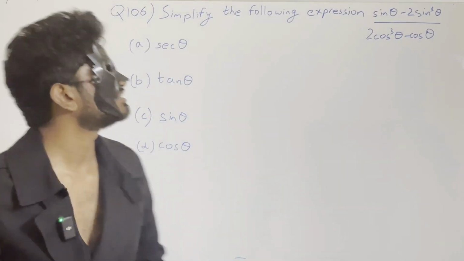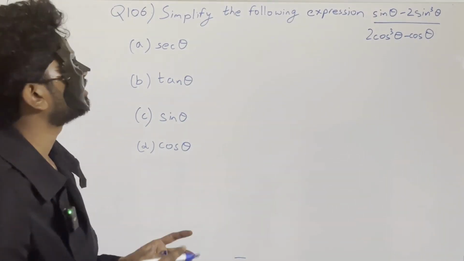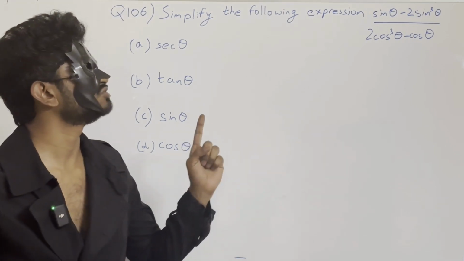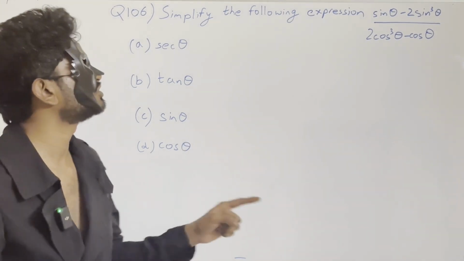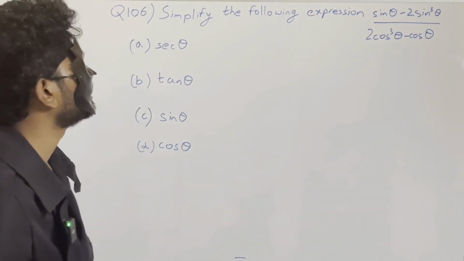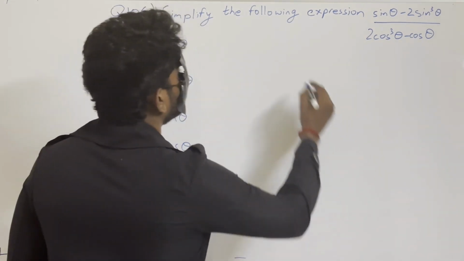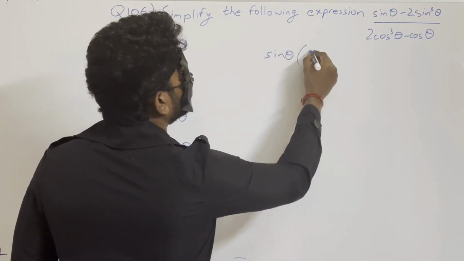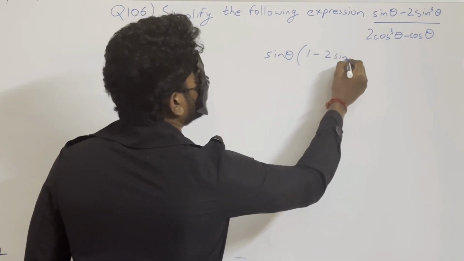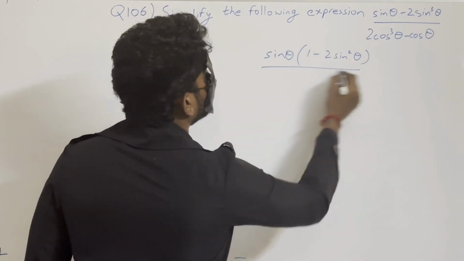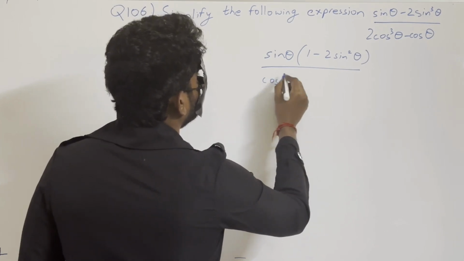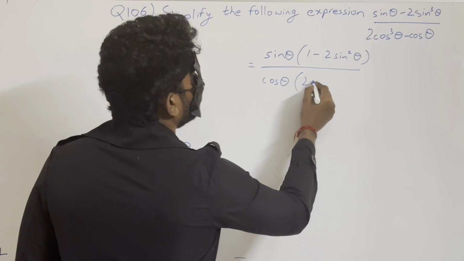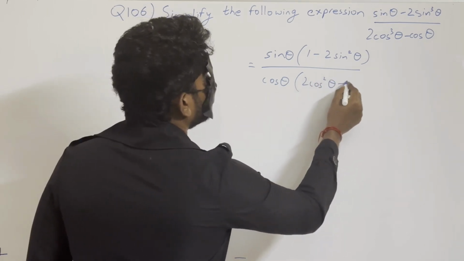So superhumans, next question is, simplify the following expression: sin theta minus 2 sin cube theta by 2 cos cube theta minus cos theta. Here I will take sin theta common in the numerator. It will be 1 minus 2 sin square theta by cos theta into 2 cos square theta minus 1.